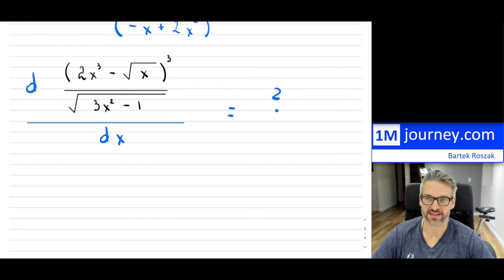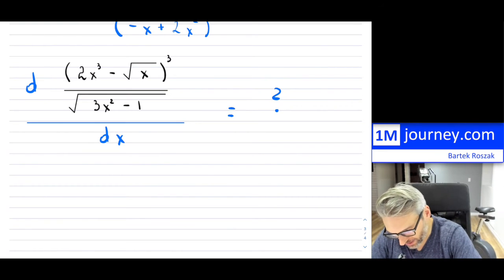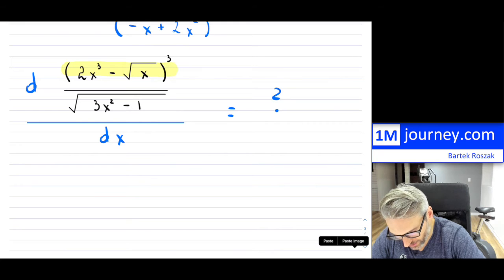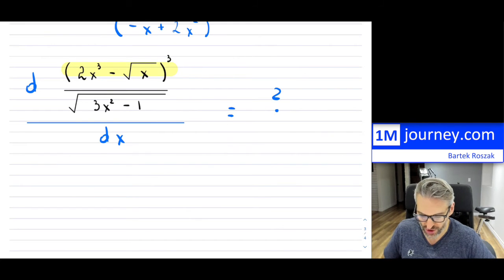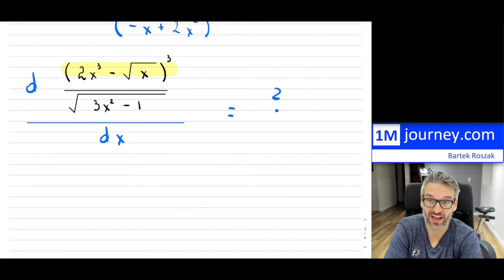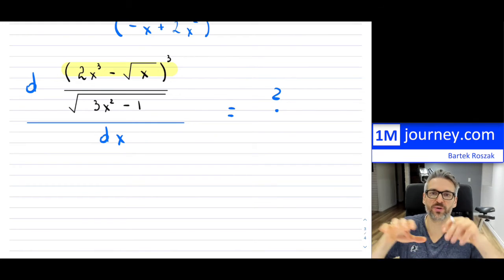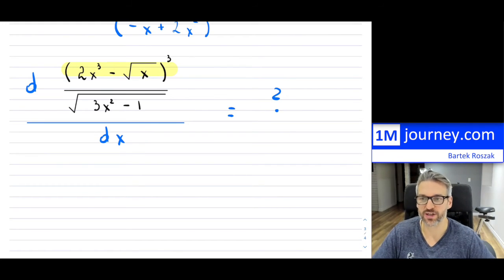Another nasty one. For this one, notice that within here, not only will I have a quotient rule, I'm going to have to use the chain rule. I'm going to have to use the summation rule. So I'm going to have quite a lot to do here. This is a nice example of trying to bring all the different rules together.